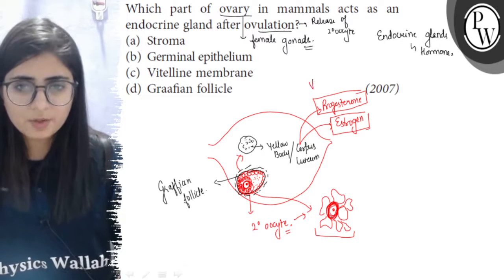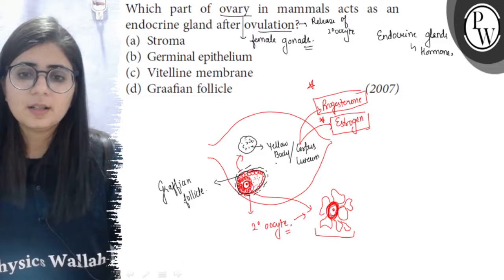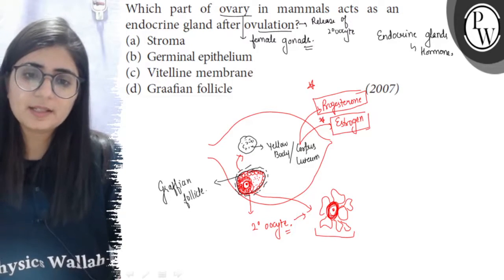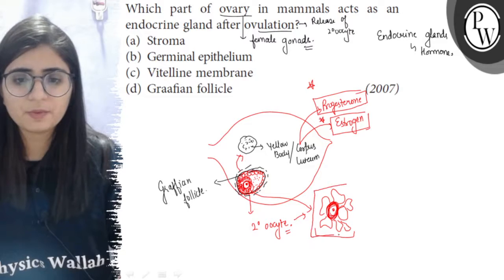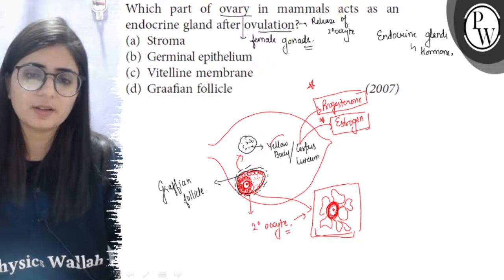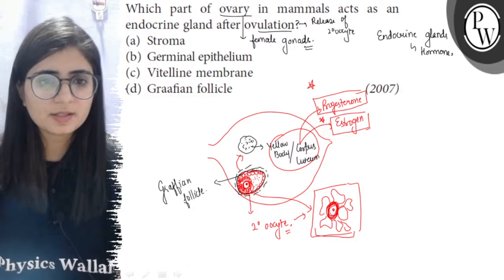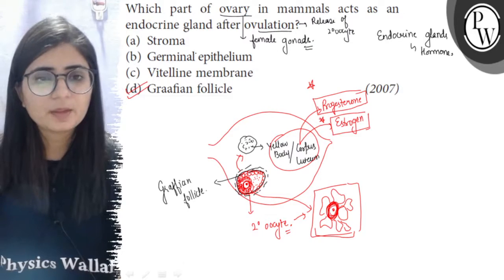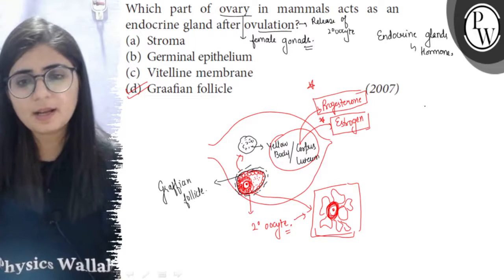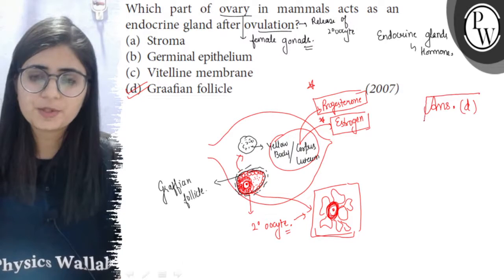So because this corpus luteum is releasing two hormones, it is acting as an endocrine gland, and it is formed after ovulation, means from the follicle this part is released and the left follicle is converted into the corpus luteum. So the answer of this question is option D, means after ovulation the empty Graafian follicle is acting as an endocrine gland. So option D is the right answer.